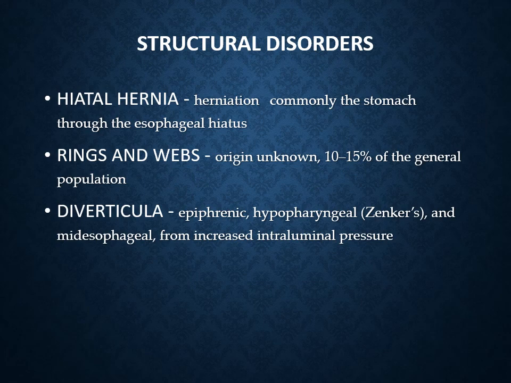And the diverticula are categorized by location, with the most common being epiphrenic, hypopharyngeal or Zenker's, and mid-esophageal. They result from increased intraluminal pressure associated with distal obstruction, and most small diverticula are usually asymptomatic.